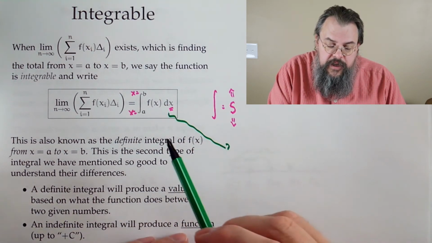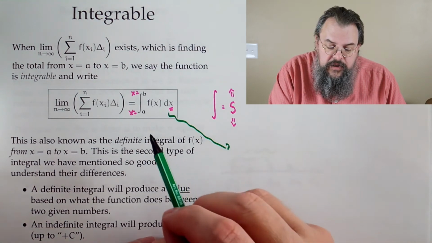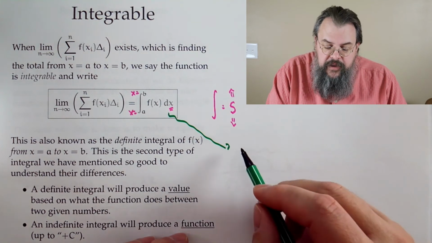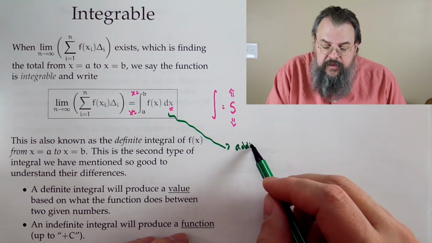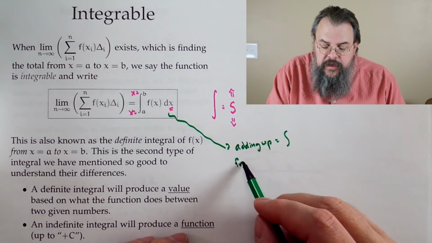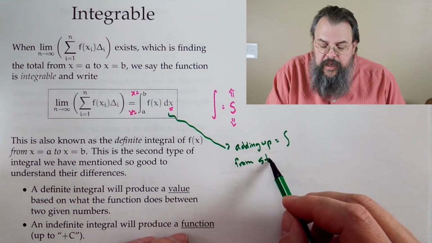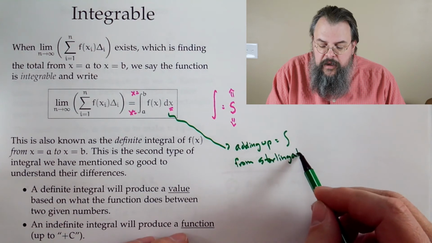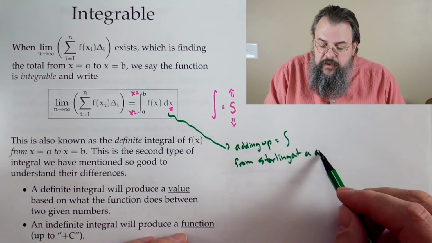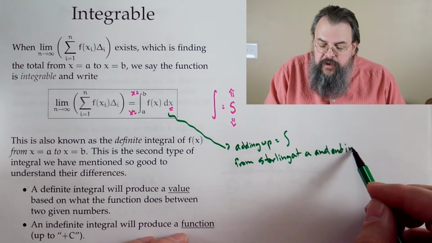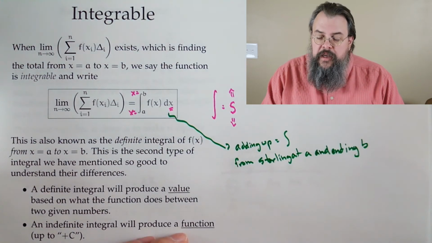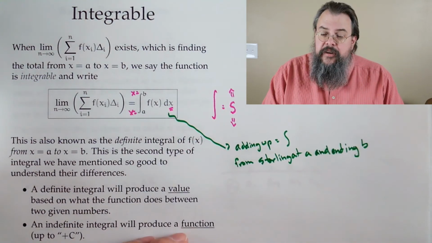So how do I look at this? One way you can think about it is, I'm adding up, because integration is about adding up. Adding up, that's the integral sign, starting at A and ending at B. That tells me where I start adding, where I stop adding, and then what I add.